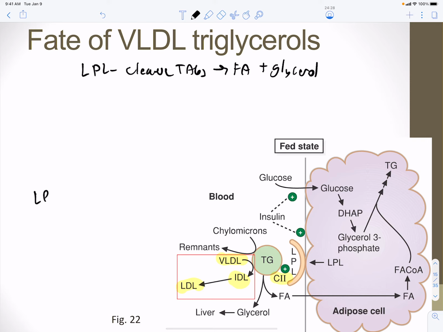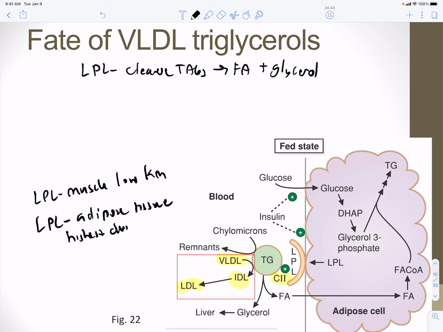Lipoprotein lipase in muscle, again, has a low Km. Lipoprotein lipase in adipose tissue is highest during the meal. So the activity is highest during a meal.